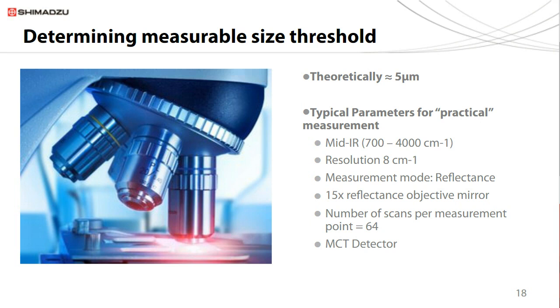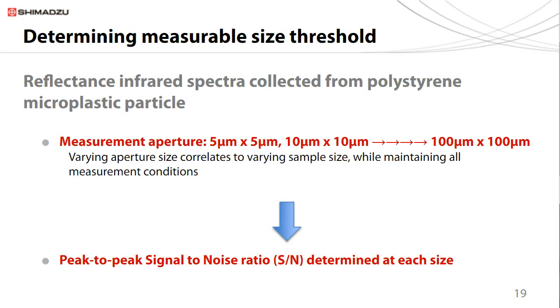It was important for us to use these commonly used parameters for understanding the smallest measurement size because these settings would give a practical value, which is often larger than theoretical or factory-specified values.